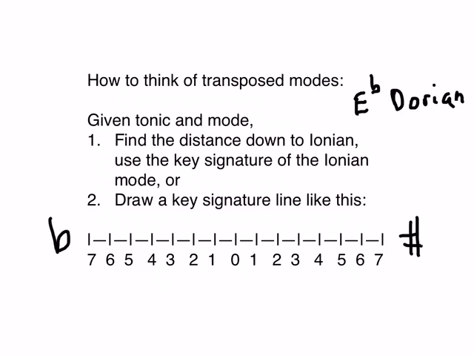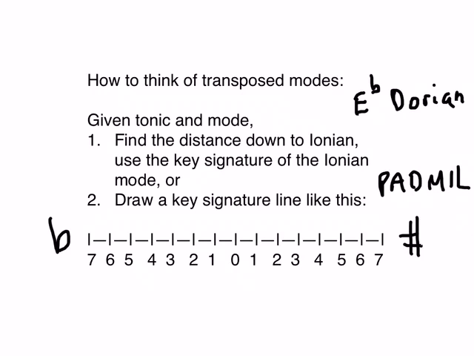So now imagine I'm going to put a made-up word, and that word is Padmel. It stands for Phrygian, Aeolian, Dorian, Mixolydian, Ionian, Lydian. Let's leave out Locrian for the moment.